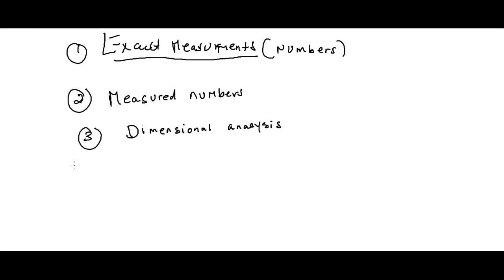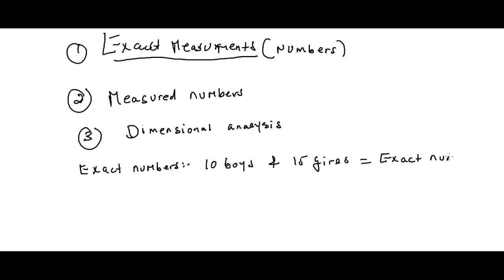What are exact numbers? I can give you a very simple definition. Let's say you count the number of students in your class, how many boys and how many girls are in the class. If you say there are 10 boys and about 15 girls, in terms of measurement, this is an exact number.